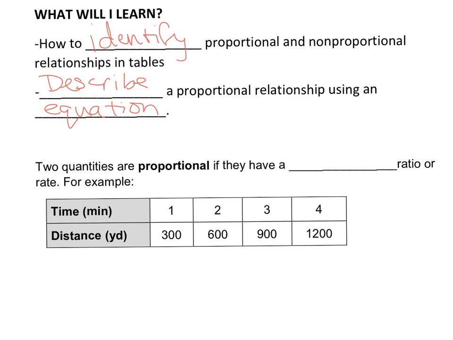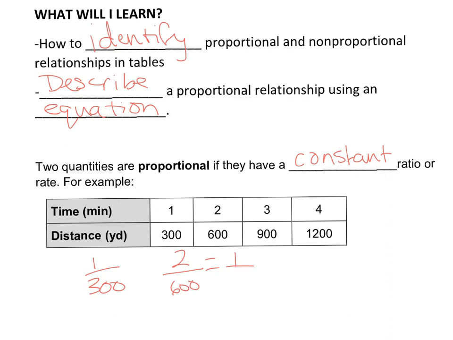Two quantities are proportional if they have a constant ratio or rate. For example, if I look at my 1 to 300, I have to make sure that each one of my ratios, or rates in this case, reduces down to 1 over 300.